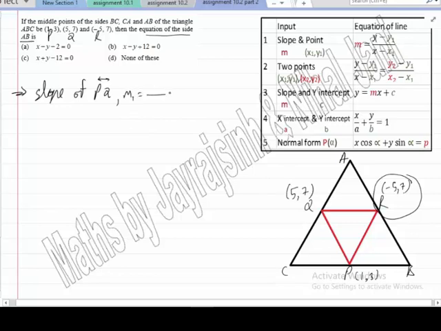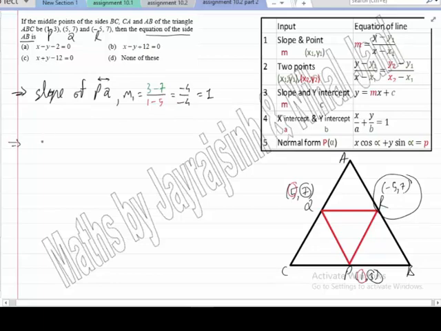It's just difference of y upon difference of x. So y: 3 minus 7, and difference of x: 1 minus 5. We are going to get minus 4 upon minus 4, or we can say 1.